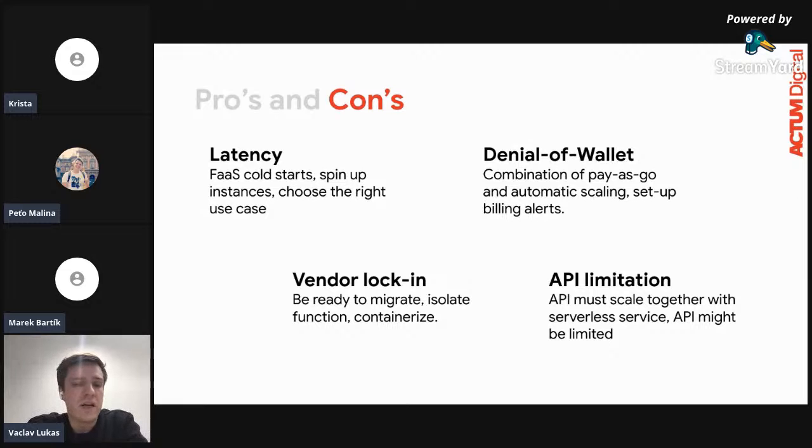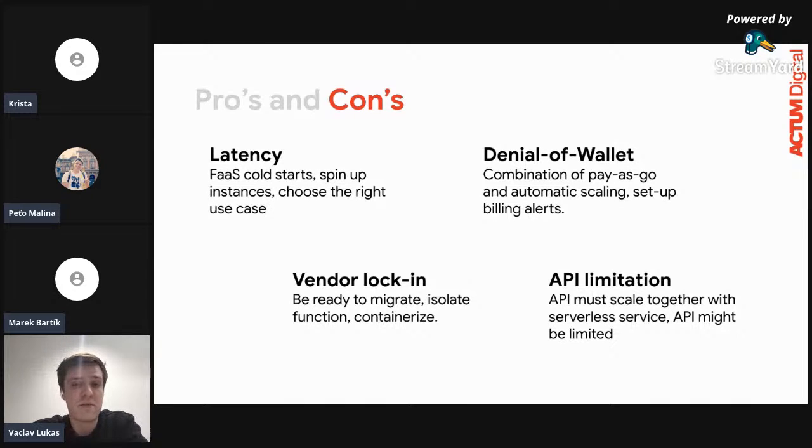If you are from IT, which I think most of you are, then you have probably heard about the denial of service. What you can encounter here with serverless even more so is something called denial of wallet. So the downside that is actually downside of the pay-as-you-go and automatic scaling model.